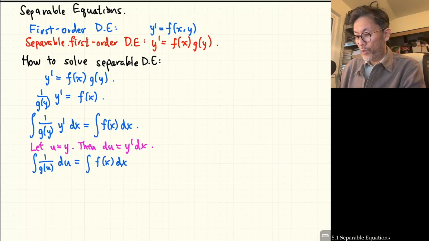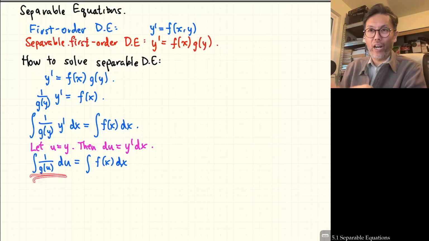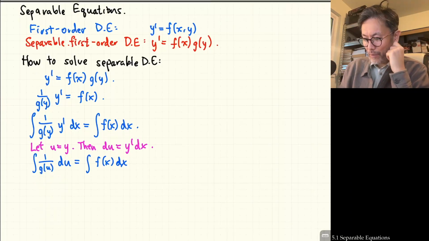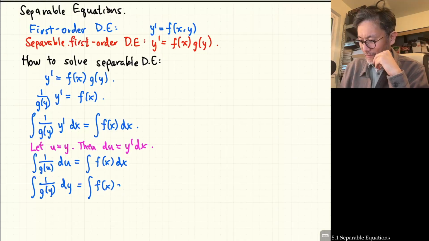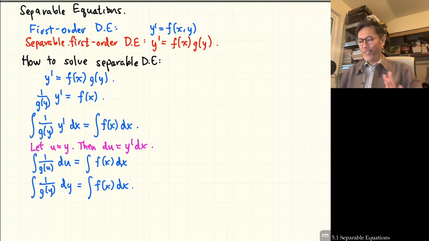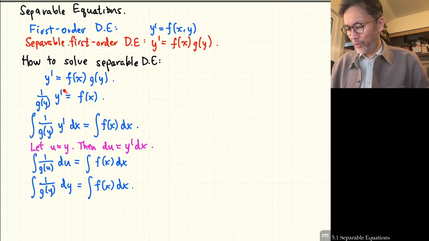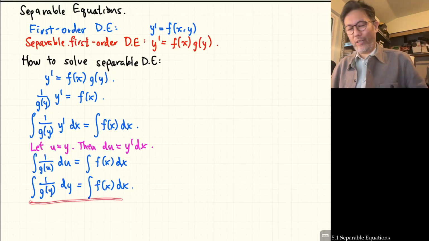And then we can replace the u here with y. We're reverting back. So then we get the integral of 1 over g of y dy is equal to the integral of f of x dx. So I want you to see where we started, and where we ended up is here.